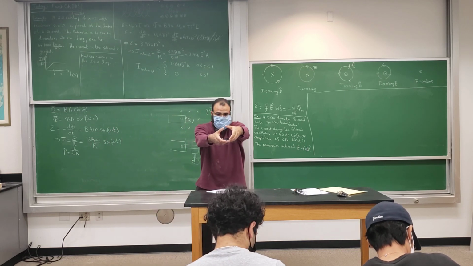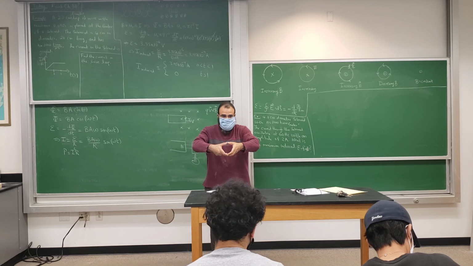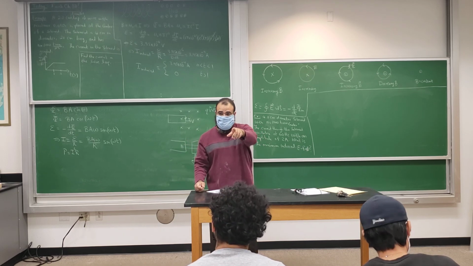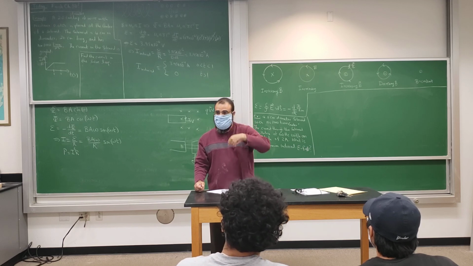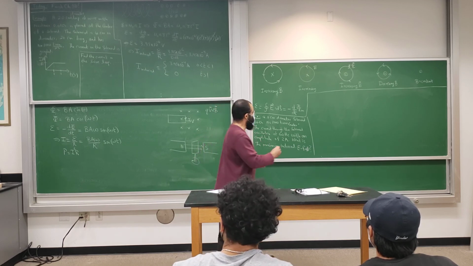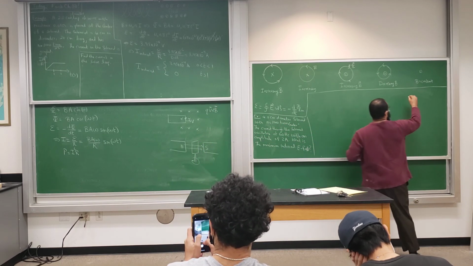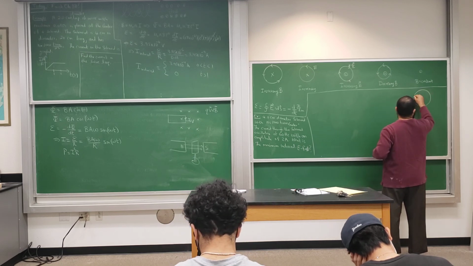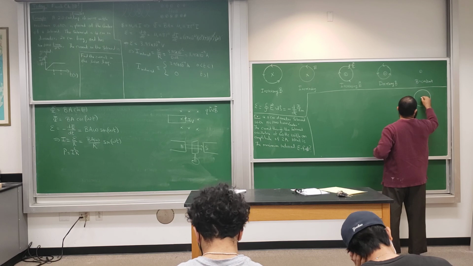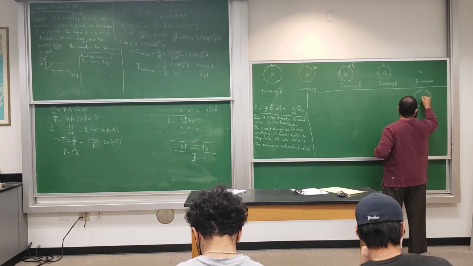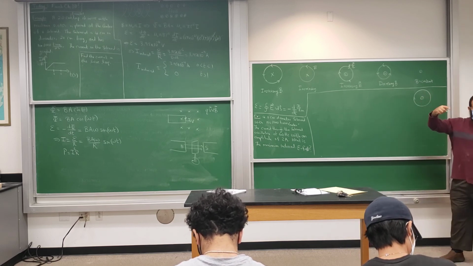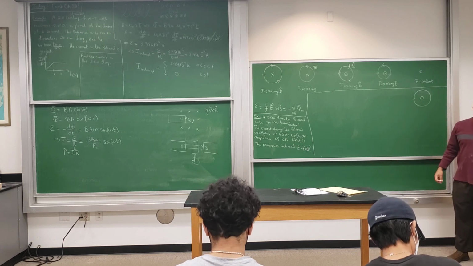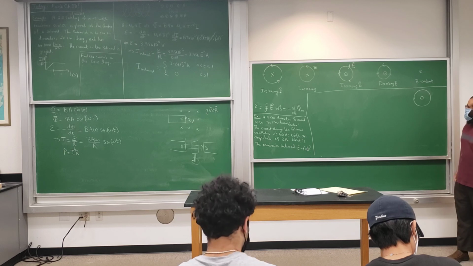Here's the solenoid, you're looking at it this way. And suppose the magnetic field may be coming towards you or away from you. This is a side view of the solenoid. We don't have to worry about which one.